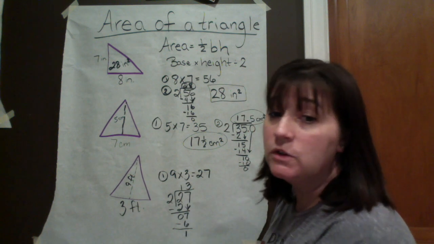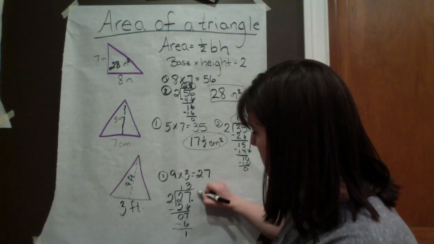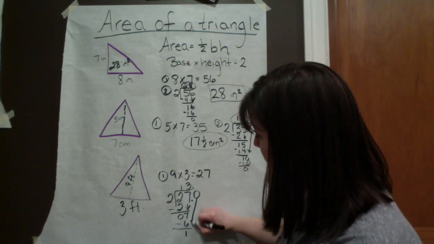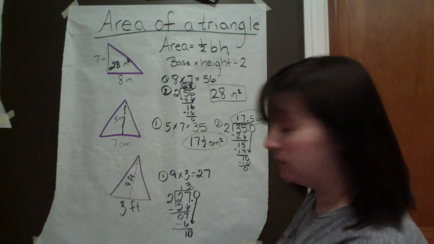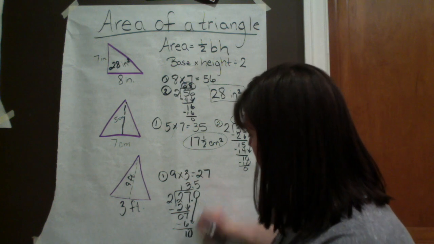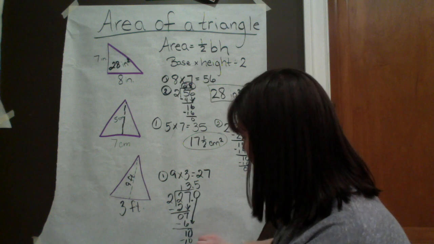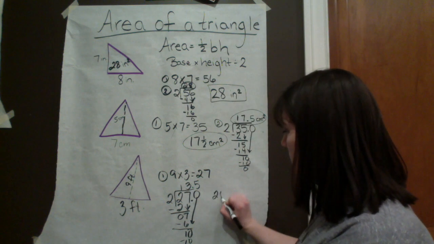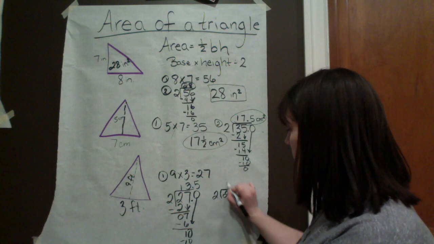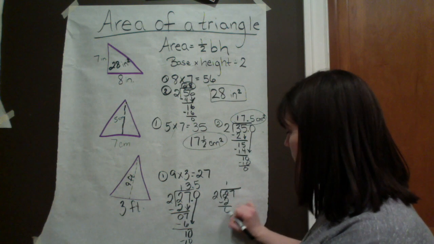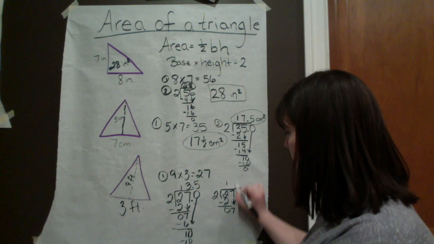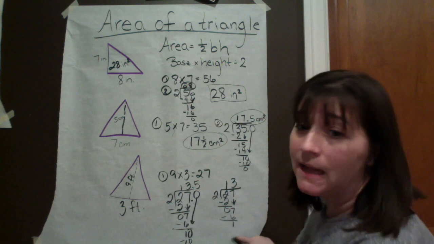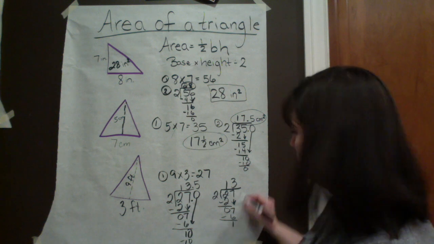Now remember, I can do this as a decimal, and a 0, and bring my decimal straight up, bring my 0 down. Or I could have done it this way, and I could have written my remainder as a fraction.